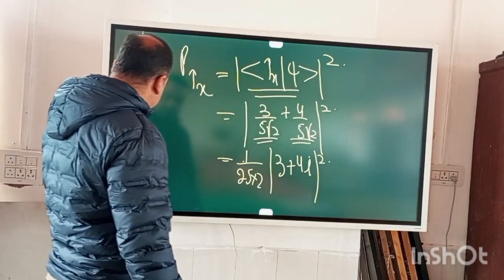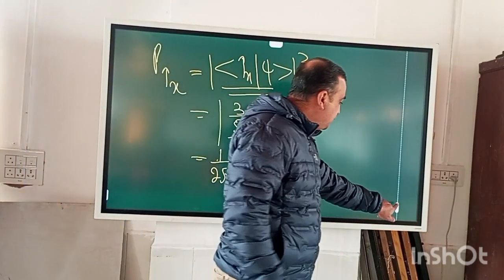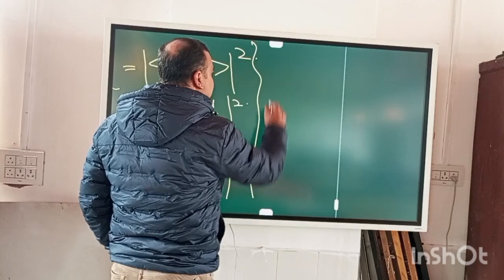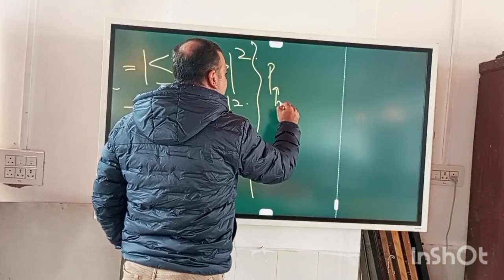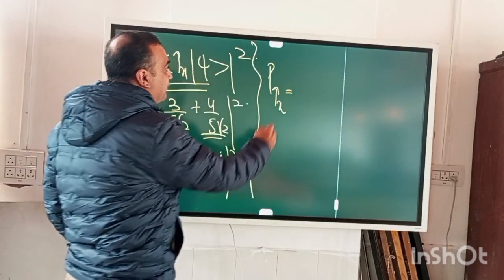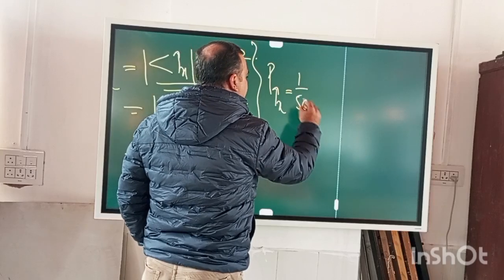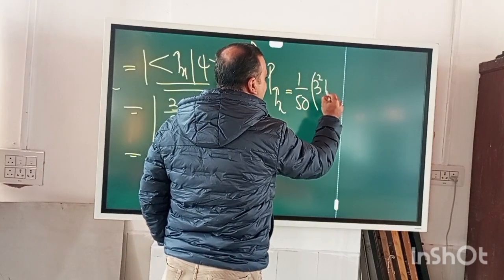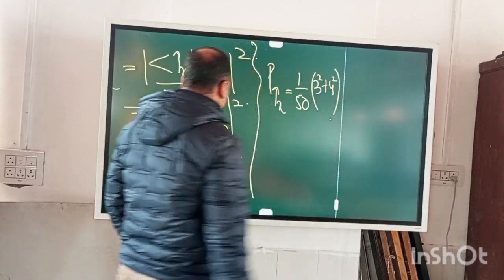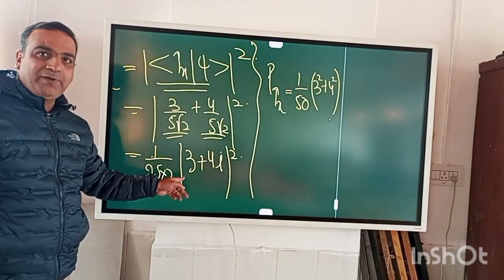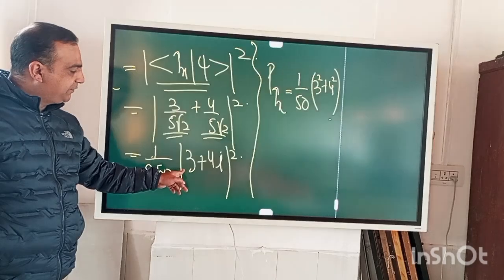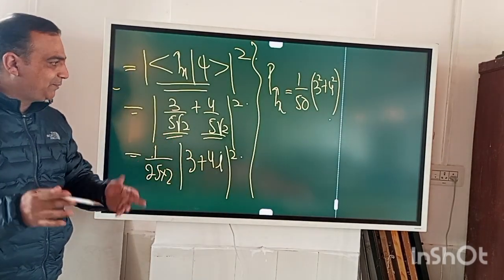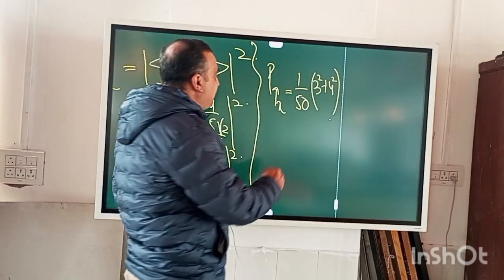Alright, I think this should be clear to everyone. Moving on, what we are calculating is the probability of getting spin up. That will be 1 by 50, then 3 square plus 4 square, because you have to take the complex conjugate of 3 plus 4i, that will be 3 minus 4i. When you multiply the two, you come up with 3 square plus 4 square.